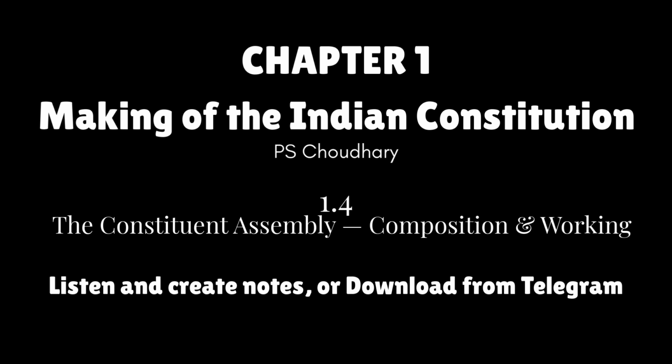Third, the Assembly worked for 2 years, 11 months, and 18 days, holding 11 sessions and 165 sittings to draft the Constitution. And finally, the Constitution was adopted on 26 November 1949, but it came into force on 26 January 1950. In the next lecture, we will move forward and understand the Objectives Resolution of 1946, which laid down the philosophical foundation of the Indian Constitution.